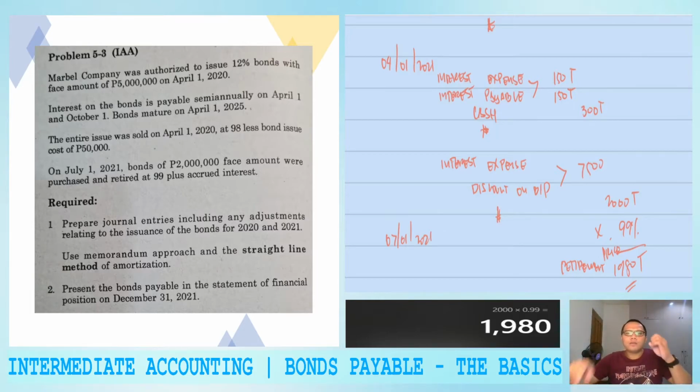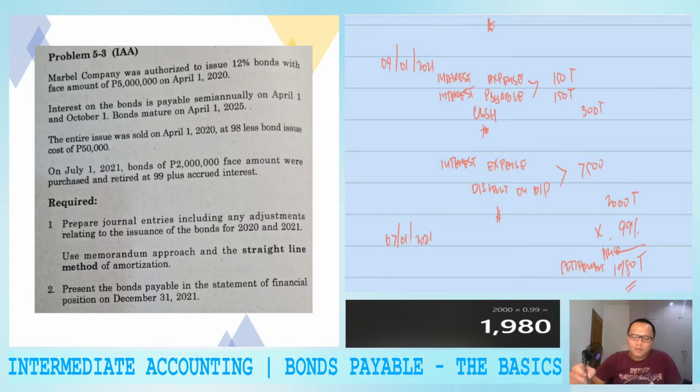So that means from April 1, 2021 to June 30, 2021, we have an accrued interest that needs to be paid. So that is April, May, and June, for 3 months.